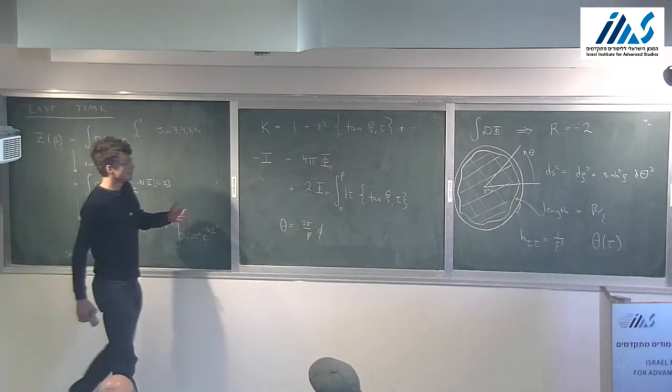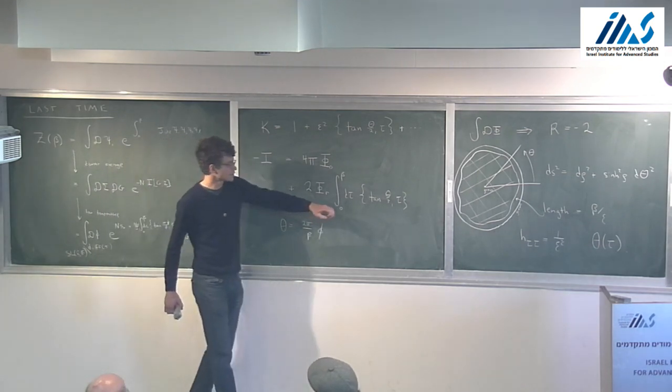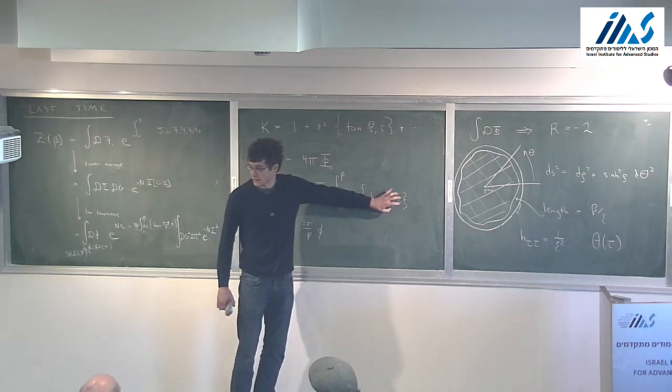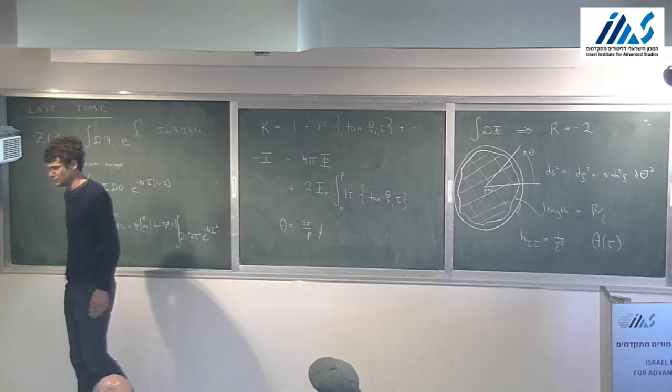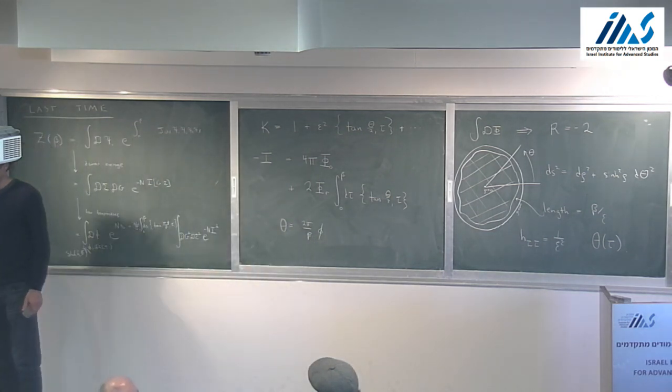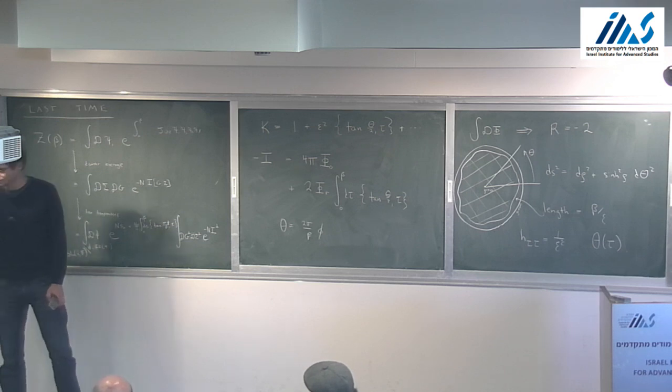So this analysis will be a little bit corrected. In addition to fluctuations in theta, we'll have fluctuations in the two-dimensional metric, and that's a much more complicated problem. So this near extremal limit, where we keep only the linear term in phi, is a significantly simpler problem.